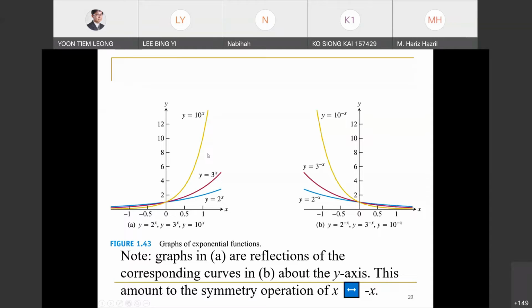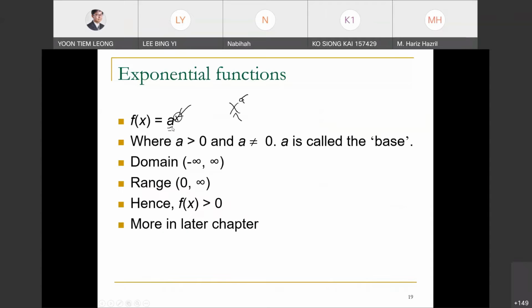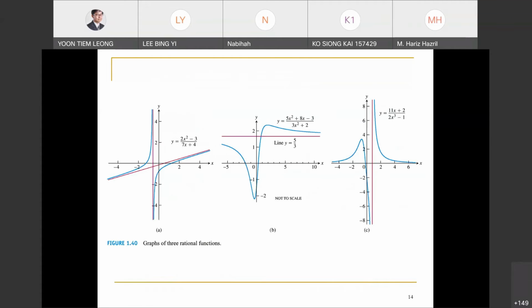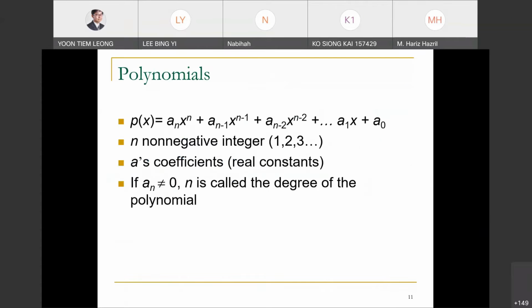So an exponential function is characterized by one single parameter. By comparison, take for example a polynomial, right? A polynomial like this is characterized by how many parameters? Can you tell me? When I say the number of parameters used to characterize a polynomial, it means that by specifying these parameters, you can completely describe a function.